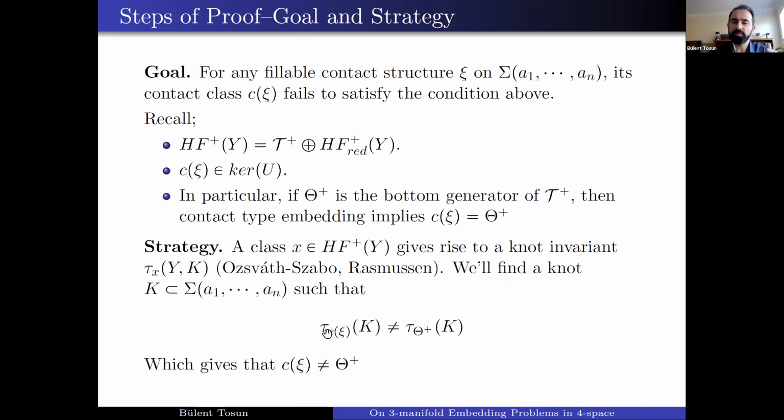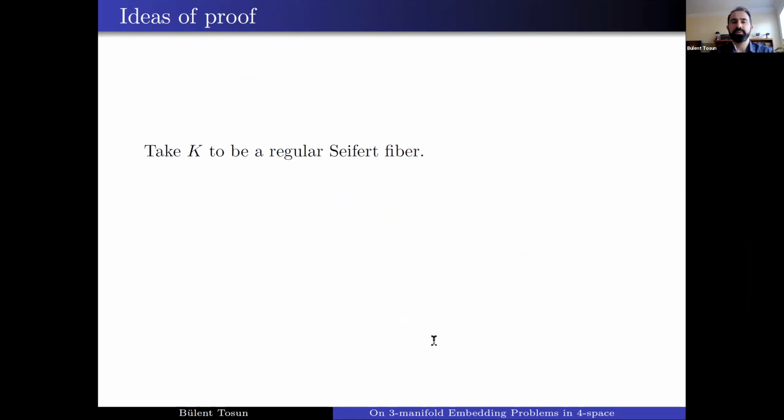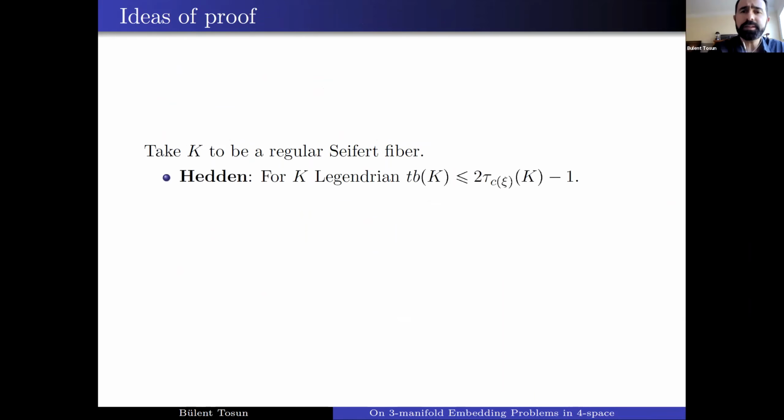We will find an upper bound on the contact tau and a lower bound on the smooth tau. First of all, what is our knot? If I draw my Brieskorn sphere like this, this is a1 over a1 prime, all the way to an over an prime, where a1 prime through an prime have to obey a certain equation.